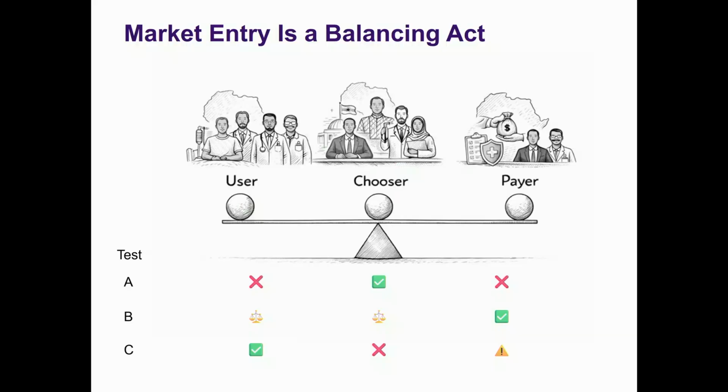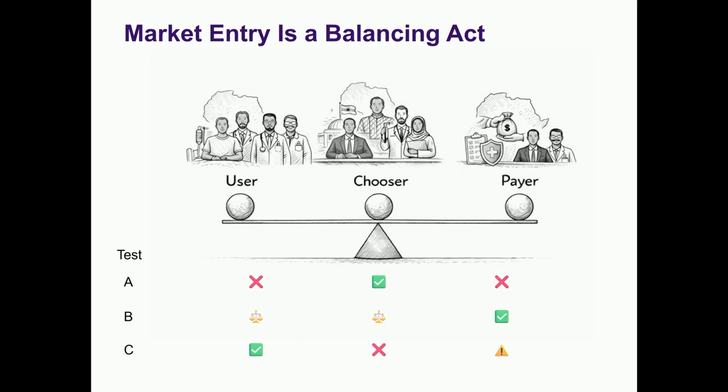So the point is that test A, test B, and test C is always a balancing act. Failure to adopt is not necessarily a failure from the technology itself, but a misalignment between users, choosers, and payers.